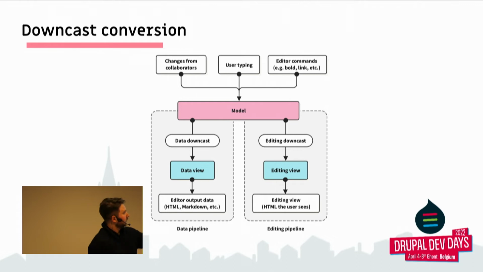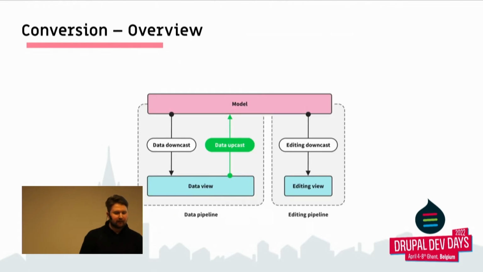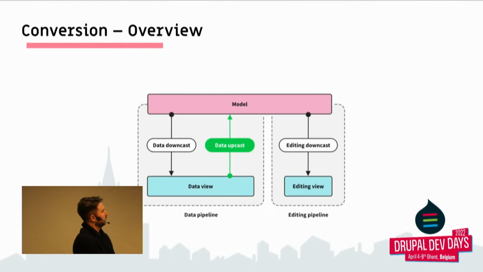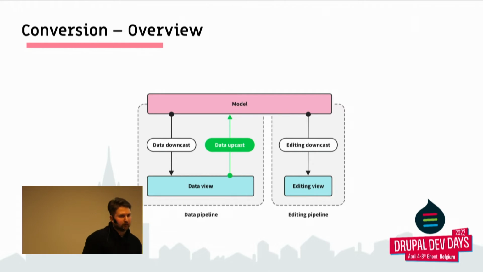Basically, the data downcast, which is on the left, should result in the same markup, the same data as what you started from. So that's the big picture of that. The data view goes to the model, data downcast gets it back to the data view, and then the editing view is a separate process from that.